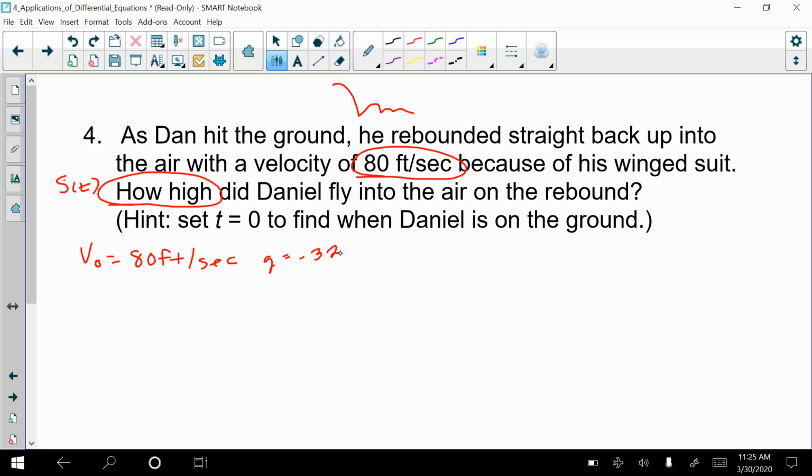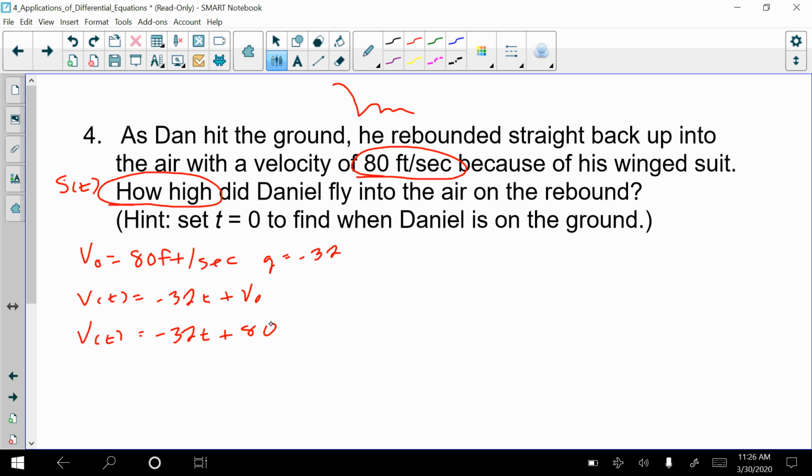Well, if I'm looking at just a velocity function, v of t would be negative 32t plus whatever the initial velocity is, v naught. And in this case, we know that. So I have a velocity function, v of t, equal to negative 32t plus the 80 feet per second that he bounces back up into the air with.